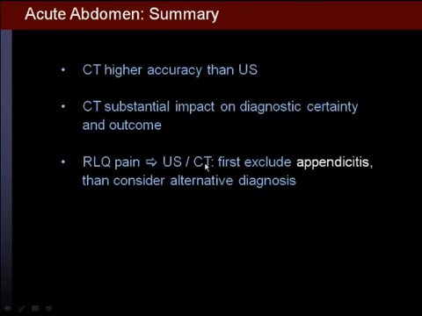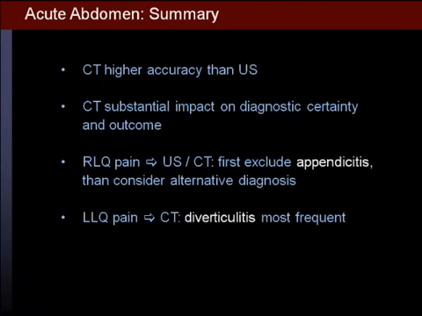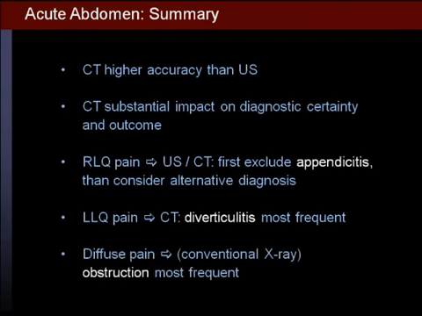In left lower quadrant pain, the most common cause is diverticulitis, especially the older the patient is. And in patients with diffuse pain, you are still using conventional X-ray, at least in order to exclude a foreign body, which can be positive on X-ray. But usually we go directly to CT.